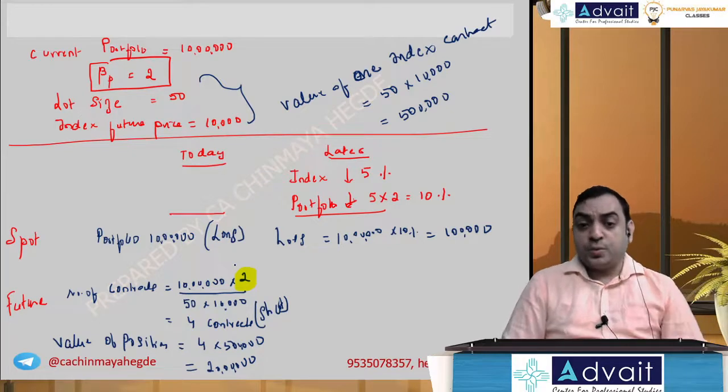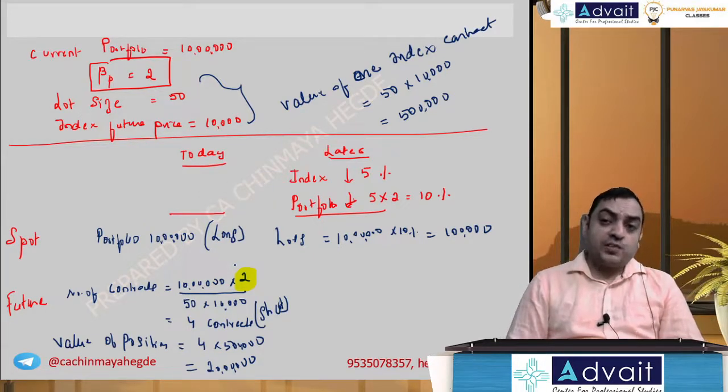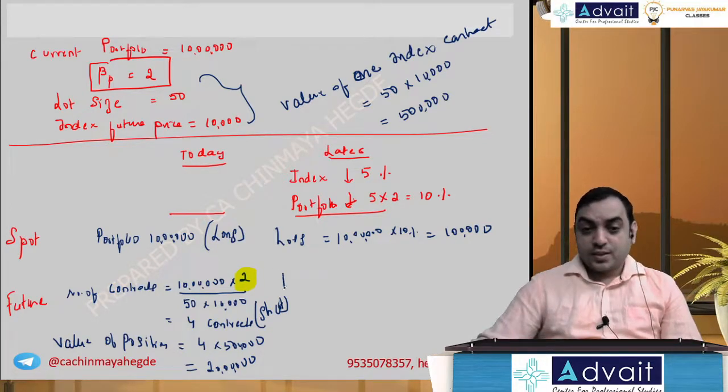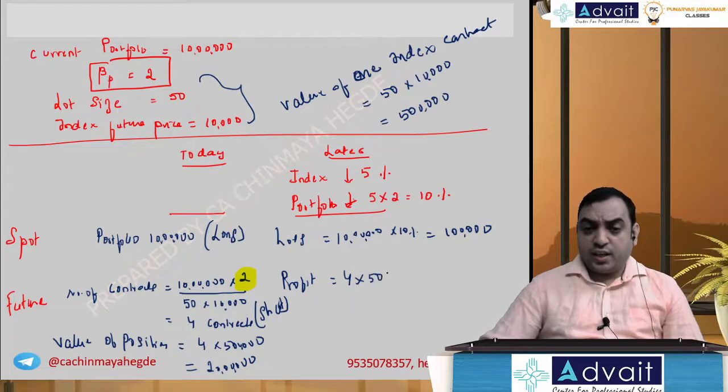Now, in the short position, if the index is down by 5%, do you think you make profit or loss? In a short position, you will make profits. How? You can directly do 20 lakh into 5%, or I can do it in detail: 4 contracts, each contract containing 50 units, each unit worth 10,000.